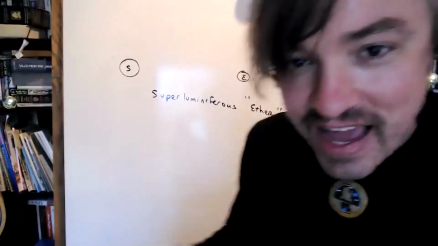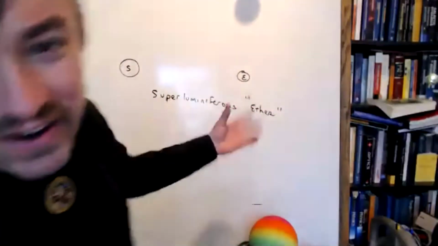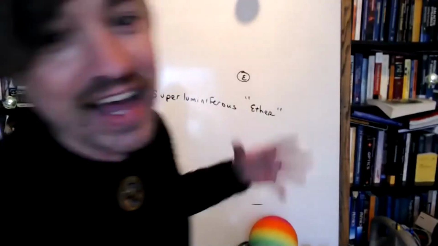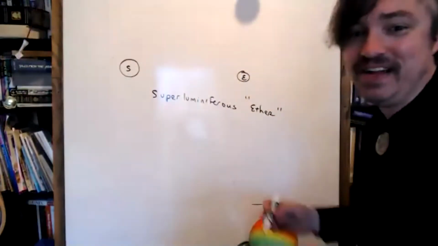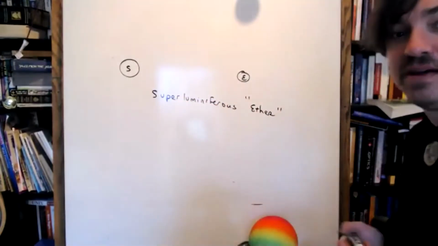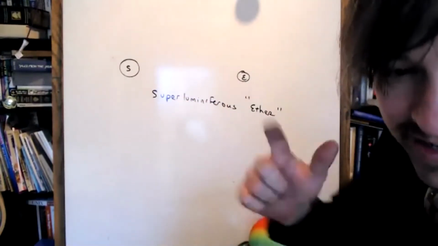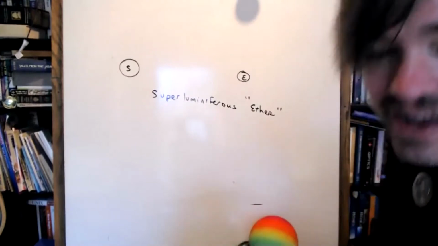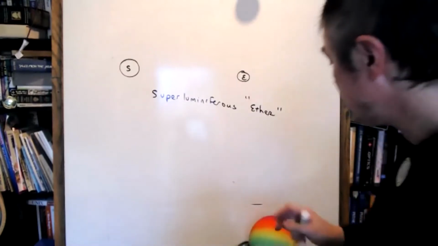In other words, ether was a way of saying, there's some bullshit out there and I don't know what it is. It was a very elegant and classical way of saying, I don't know what I'm talking about, all right? They also put the word superluminiferous in front of it, which confuses people even more. Very helpful, okay? Trust me, bro, pretty much.